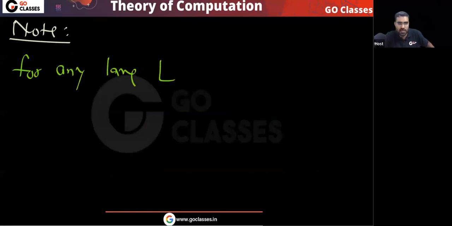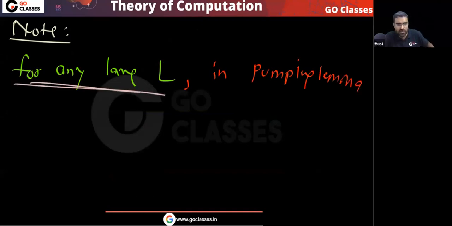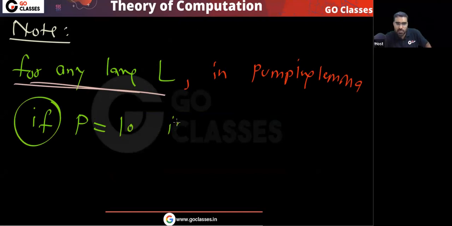So this is an interesting point, and you can just note that for any language L, in pumping lemma, whatever language L you take, if for example p equal to 10 is working, then which number will also definitely work?